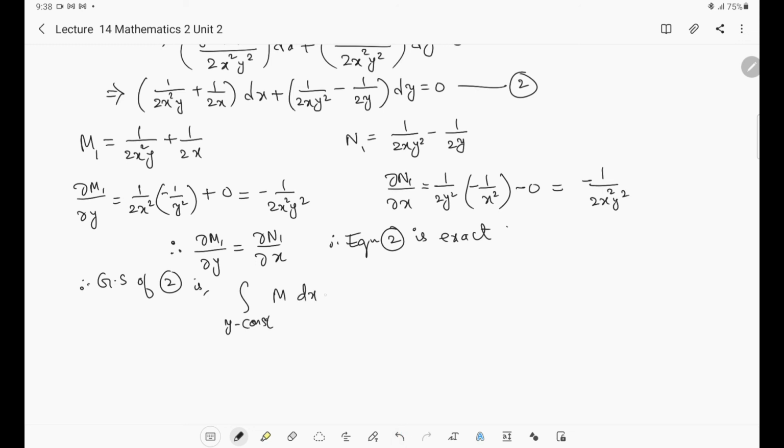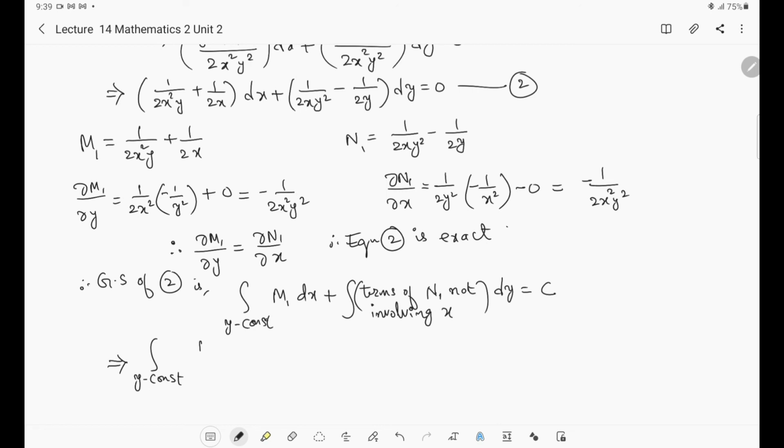Integral, y constant, m dx, plus integral of terms of n not involving x, into dy equals constant. Now let us write down all those things. Integral, y constant, m: what is m here? We have to write here m1 and n1.